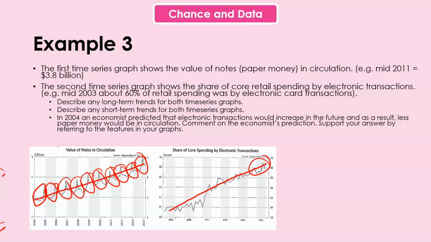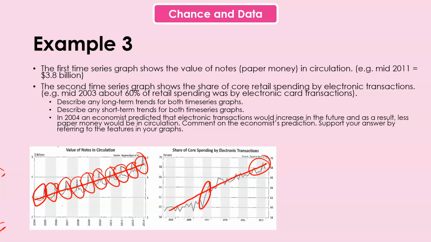So firstly, on the long-term trends, both graphs have increasing long-term trends. For the value of notes, there's a steady increase, while for the electronic transactions, the rate of increase is greater in 2007. So that's talking about the fact that there's a massive increase there.